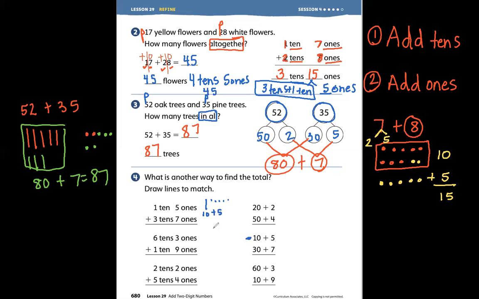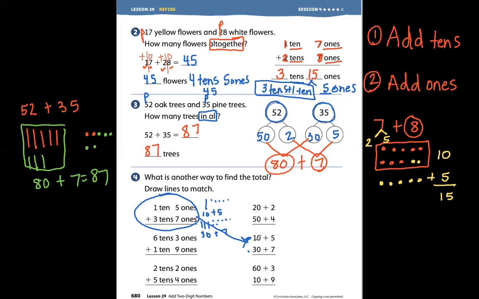Okay. Then 3 tens. 1 ten, 2 tens, 3 tens, and 7 ones. So here's 30 and 7. 30 plus 7. So this problem here relates to this problem here.